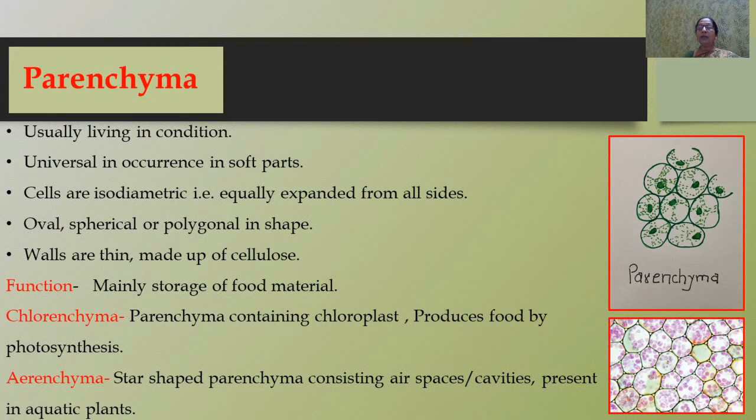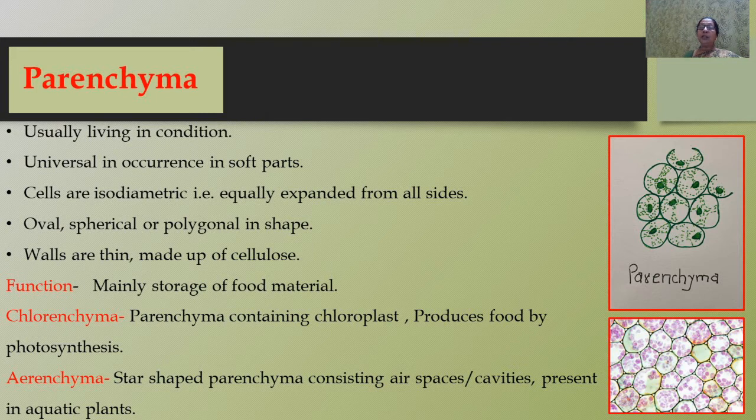When these parenchymatous cells contain a large number of chloroplasts and help to produce food material with the help of photosynthesis, they are known as chlorenchyma. These types of cells are generally present in the leaves.